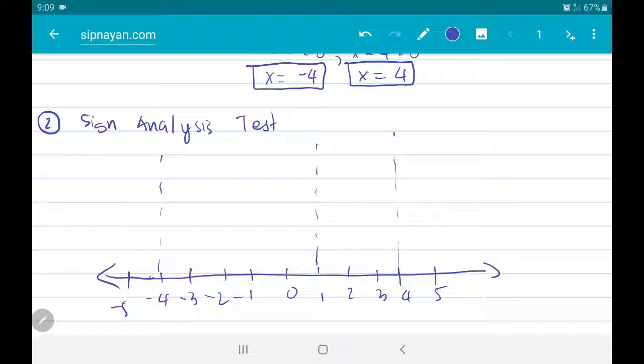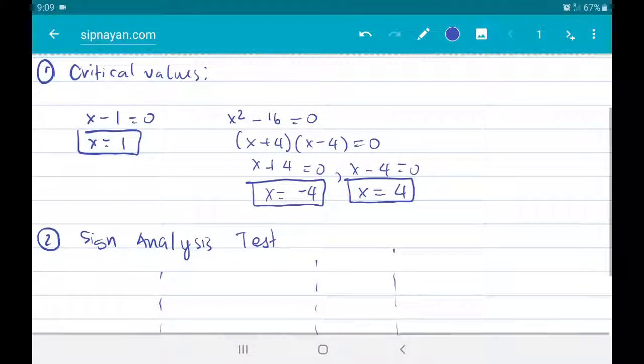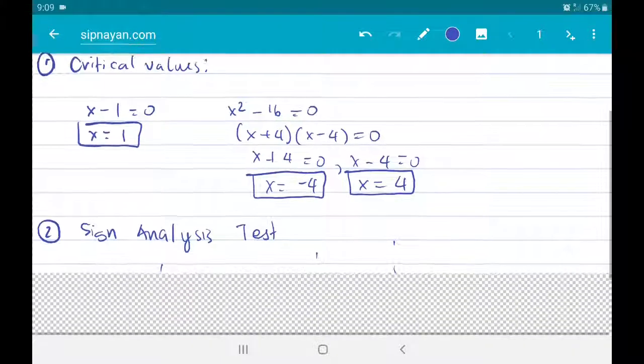So, yung mga critical values, siya yung nagde-divide sa number line into intervals, no? At sa bawat interval ay kukuha tayo ng isang value para i-substitute natin dito sa inequality.